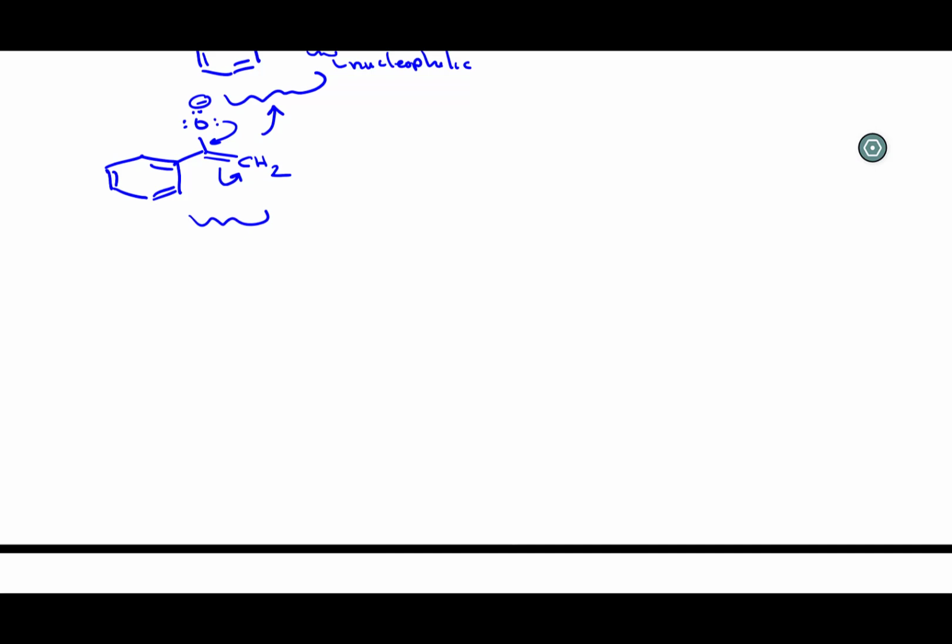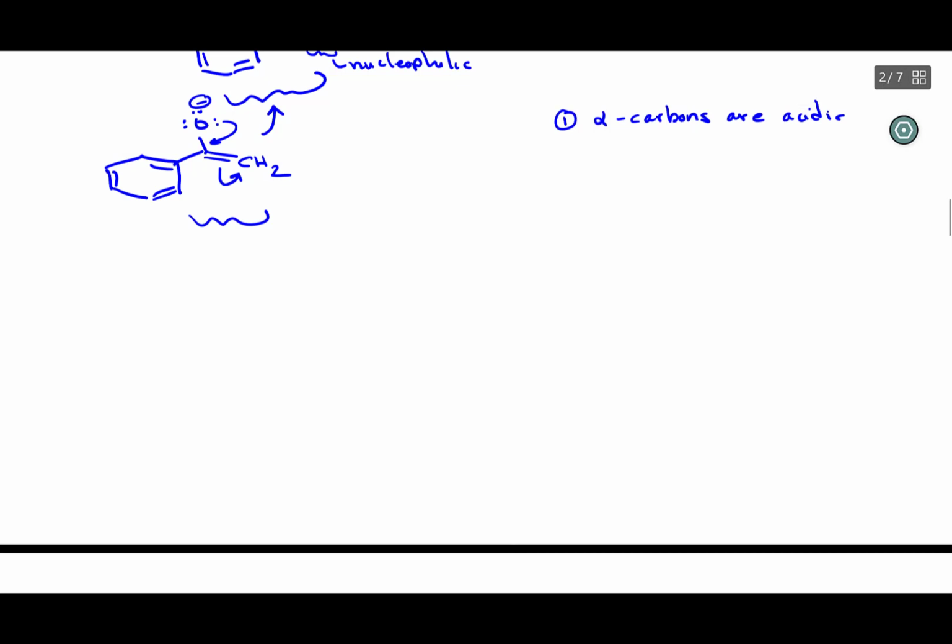So I thought it might be important to summarize a couple of ideas from this first section. One, alpha carbons are acidic. And really what we mean by that is the hydrogens attached to alpha carbons are acidic, but we generally just say alpha carbons are acidic.